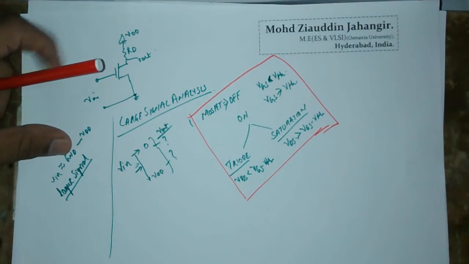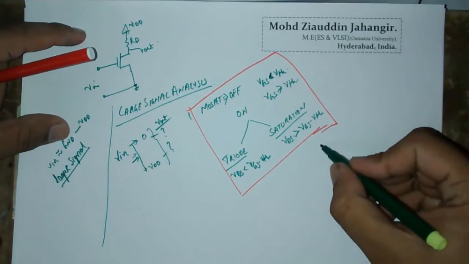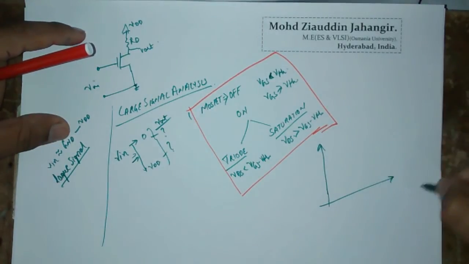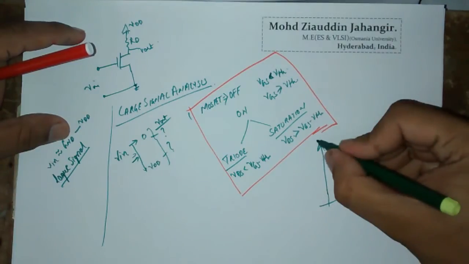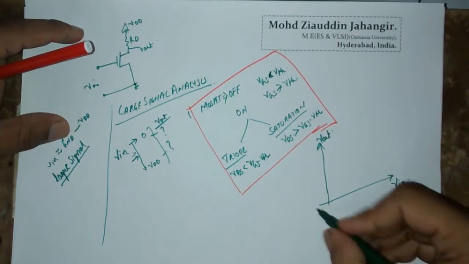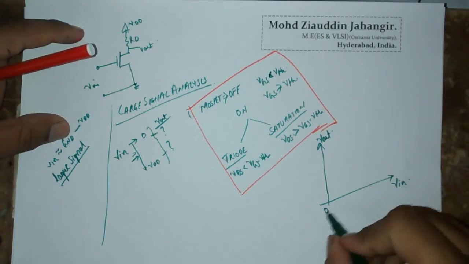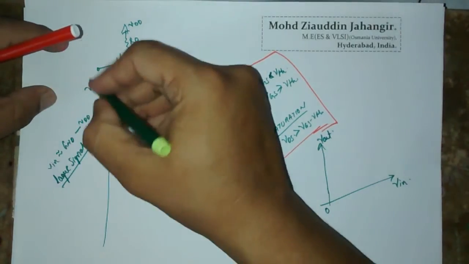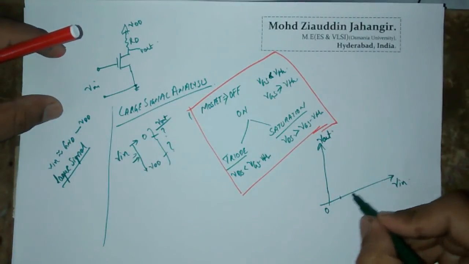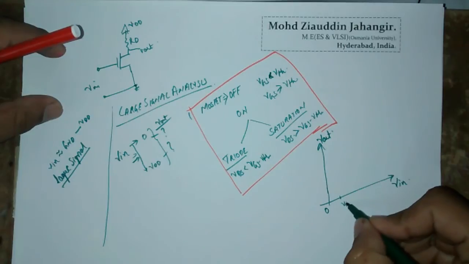So I need a graph for this case, so I will take a graph. Here I will plot my Vout, and here I will plot my Vin. Vin is on the x-axis. Let us assume I am varying my Vin, and I have tuned it to a value which is less than your threshold voltage.